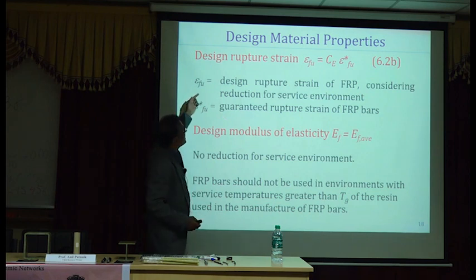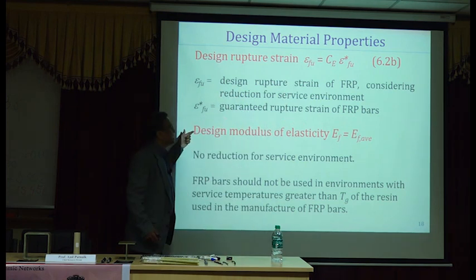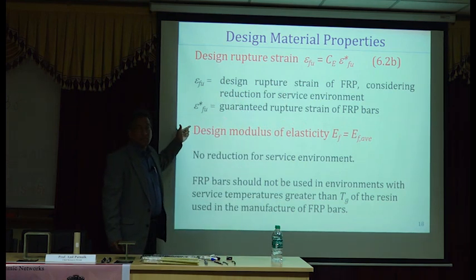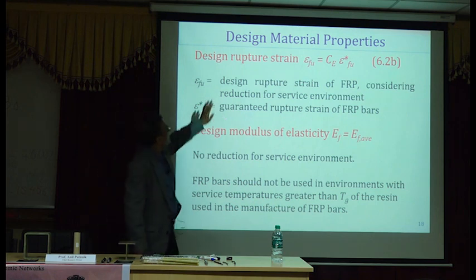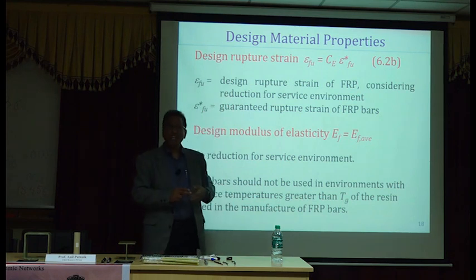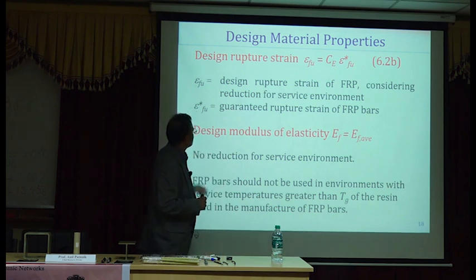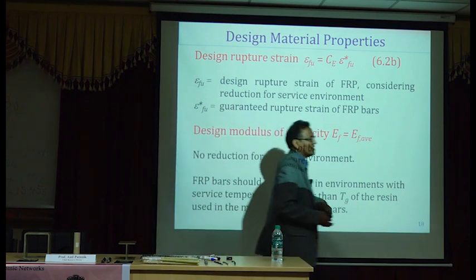So design strain is with C sub E. In case of modulus, we don't use any C sub E. No reduction for modulus, because we already use that in strain and in tensile strength. Therefore, you don't want to use another C sub E on modulus. Okay? No reduction.